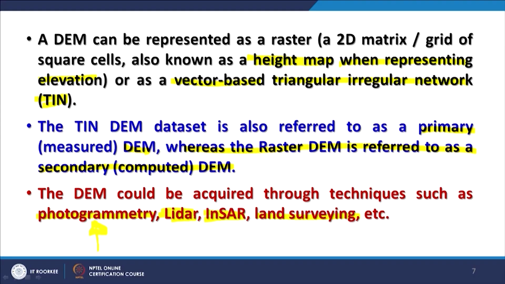So at very high resolution, digital elevation models can be generated employing LiDAR. One more technique, thermal remote sensing, has also been developed by us to create a digital elevation model of quite good accuracy to some extent. So maybe in future we may see a few more techniques to develop digital elevation models.